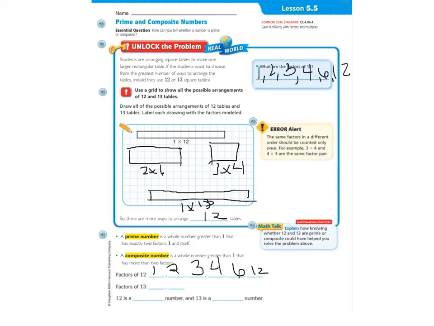And 13's prime, so it's just 1 and 13 that multiply to get 13. So 12 is a composite number. Just going to put comp for short. And 13 is a prime number. Okay, so please pause and make sure that you have these notes written on your Unlock the Problem page.